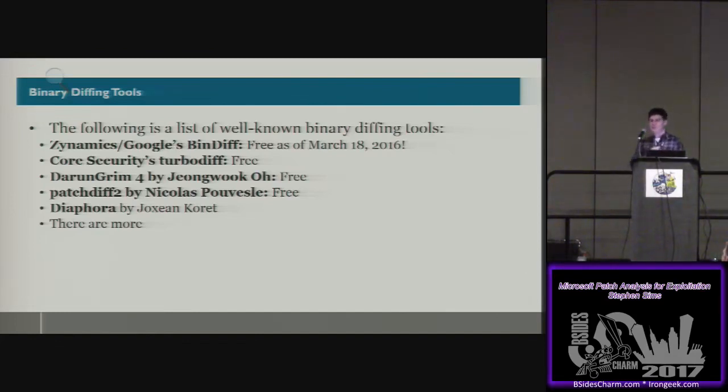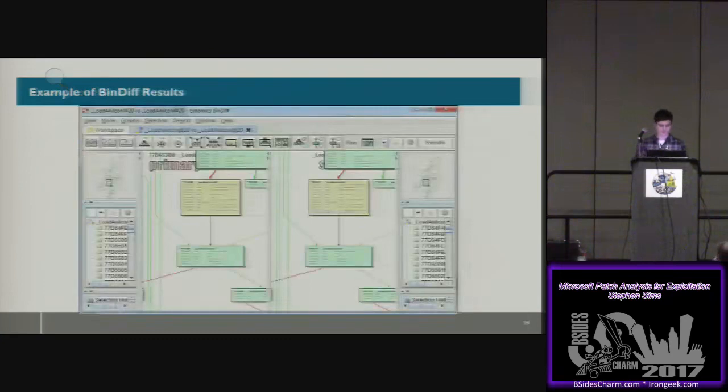So if the assembly looks different when you compile it two different times, you want a tool that's smart enough to know, hey, if this says we're going to zero out this register, that's the same thing as subtracting something or negating it once it's this value. Or there's different ways you can have that same result. So we want something that's smart like that. And Diaphora has some really great heuristics that it uses.